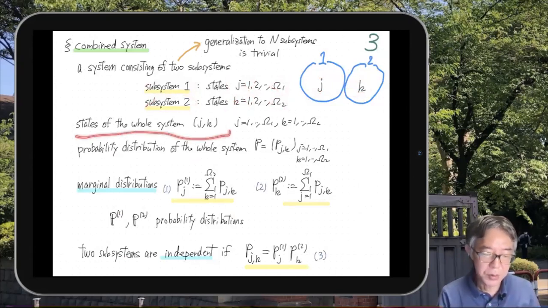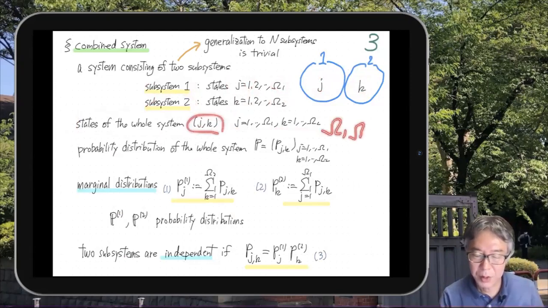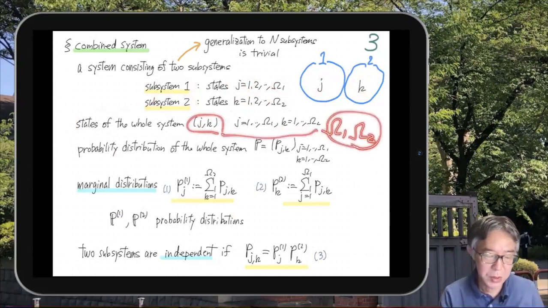The microscopic state of the whole system is characterized by this pair (j, k), where j runs from 1 to omega_1, k from 1 to omega_2. So there are omega_1 times omega_2 microscopic states in this system.